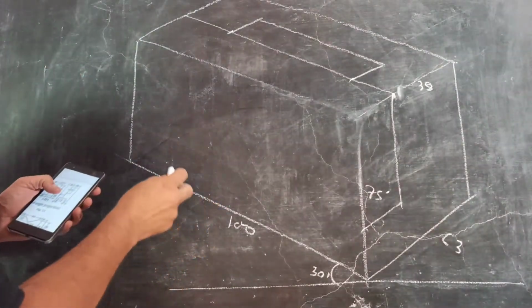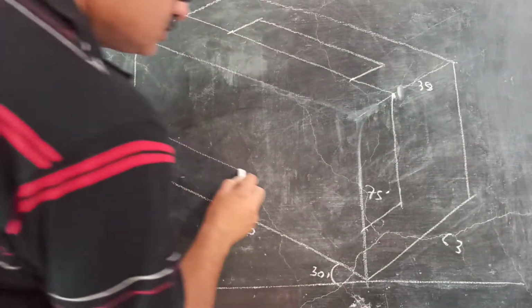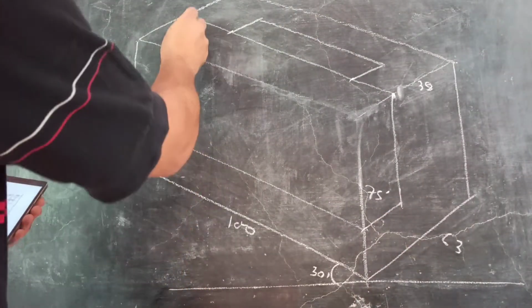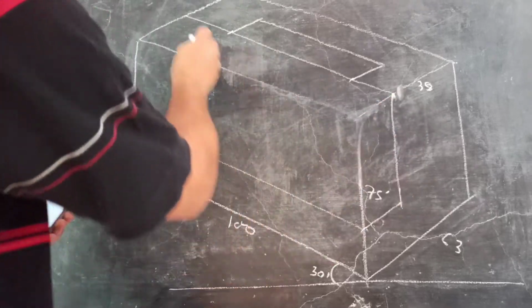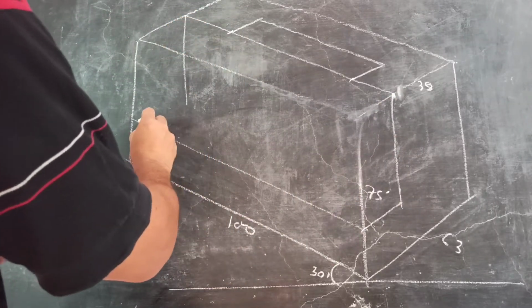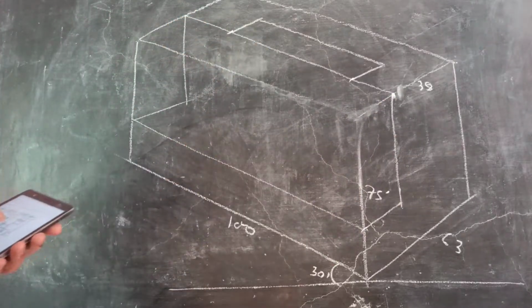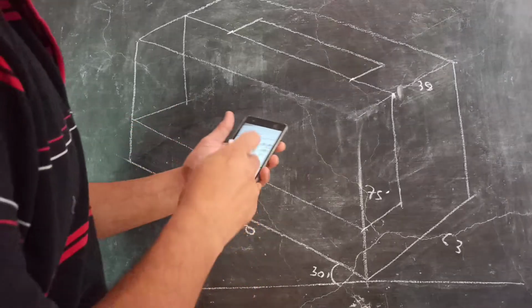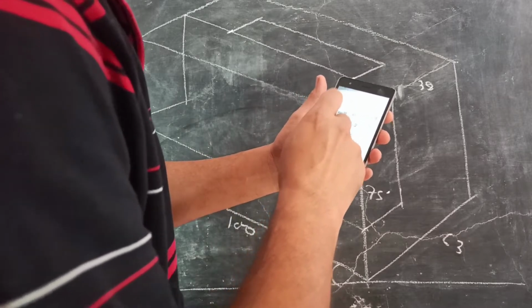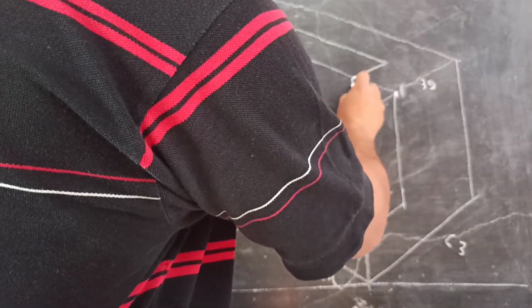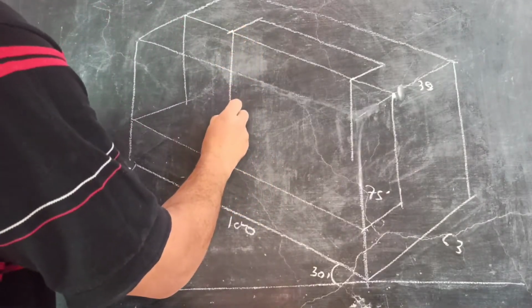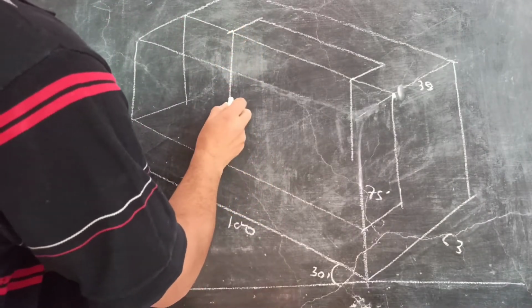You can draw a line parallel to this from here also. Draw a line parallel to this from here, and you can draw a line parallel to this from here. Then the height of this groove is 38. So this is 38, and you can join this.